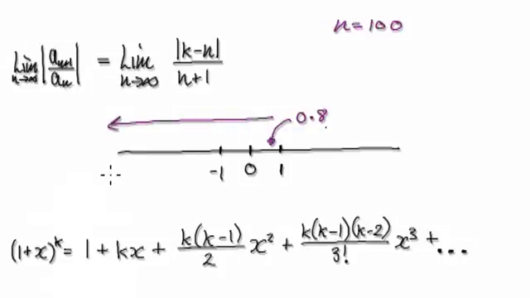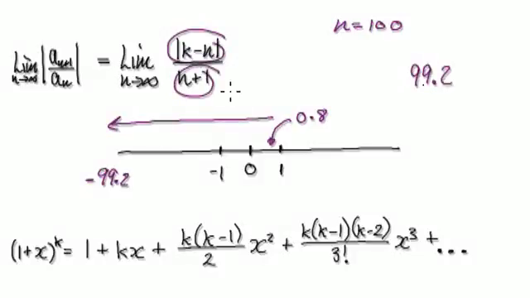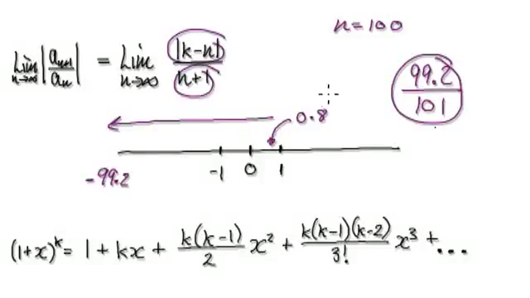So this is going to be negative 99.2. Now you take the modulus of this, it will be 99.2. And then the denominator will be 100 plus 1, which is 101. So this value here is still less than 1. So it's going to converge.